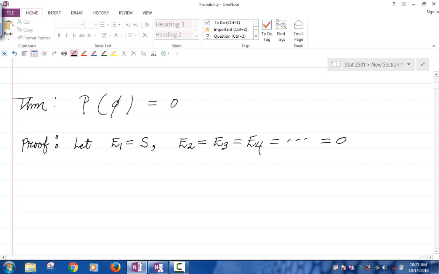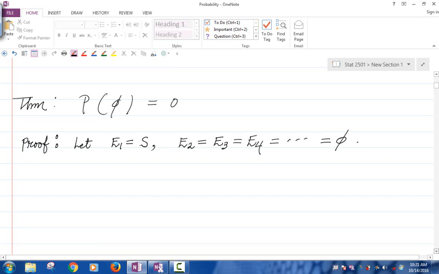So basically I have an infinite sequence of events, where the first one is the sample space and all the other events are the empty events.